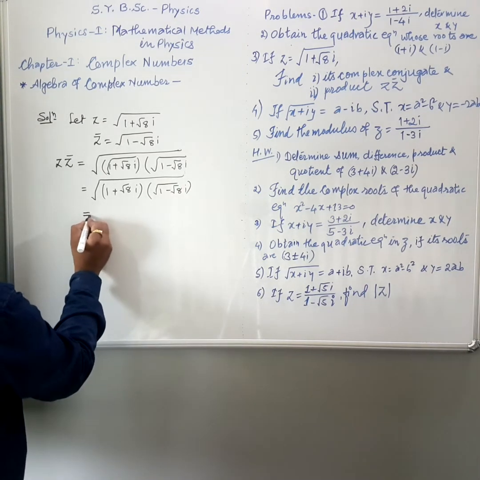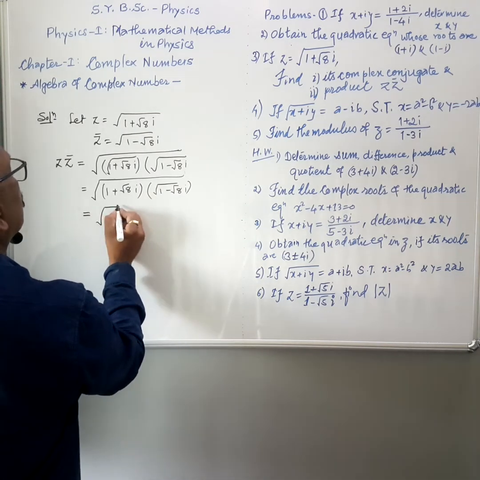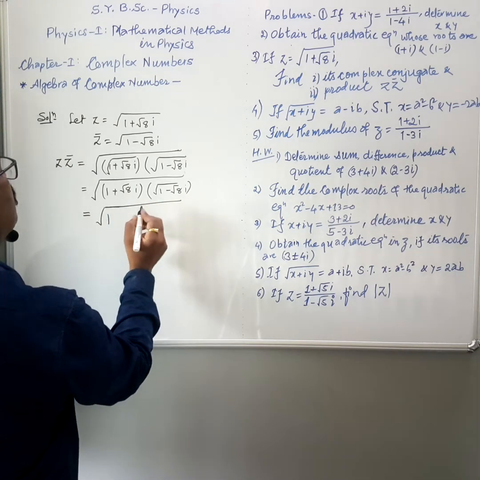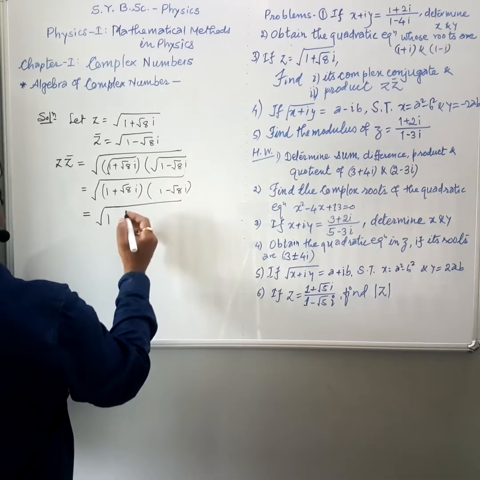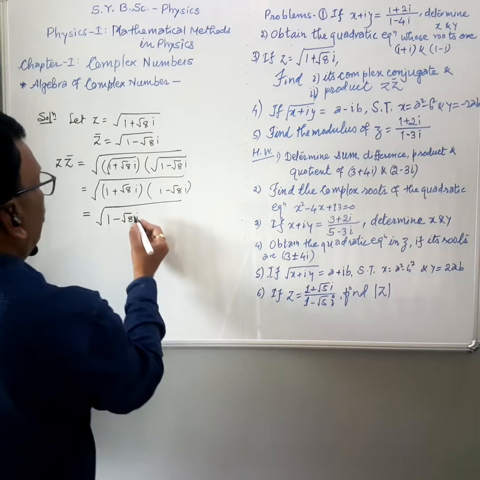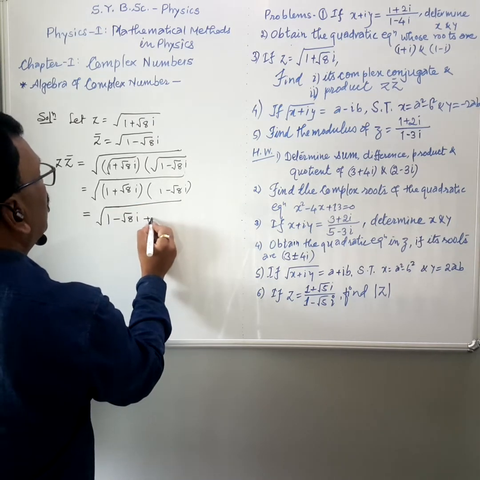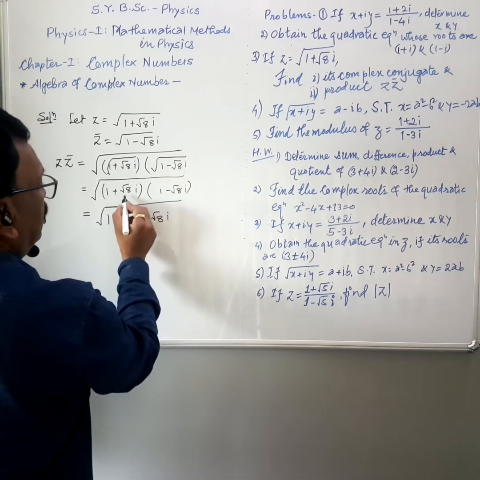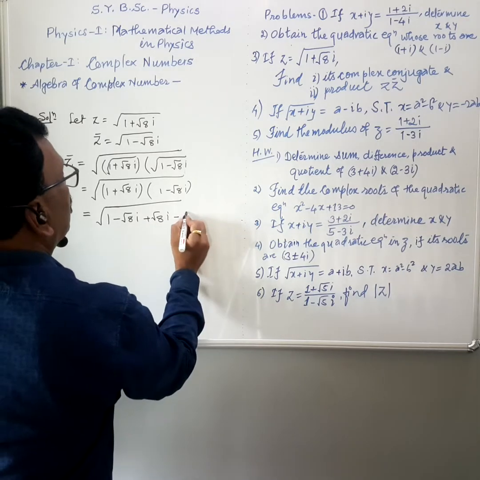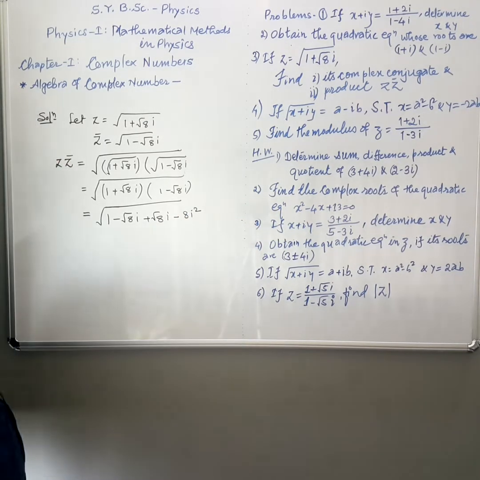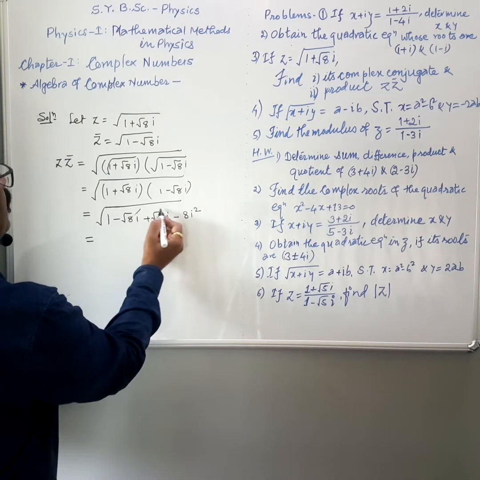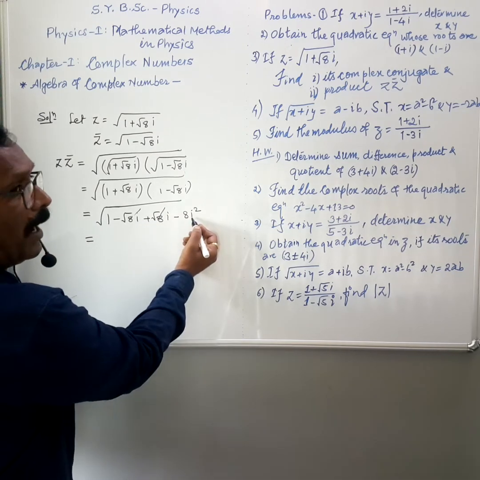Simplify this term, we get 1 into 1, 1, then 1 into this term, minus root 8 i, then root 8 i into 1, plus root 8 i, then the product of these two terms, minus 8 i square. Simplify this term: here this term gets cancelled with this term, and the value of i square is equal to minus 1.